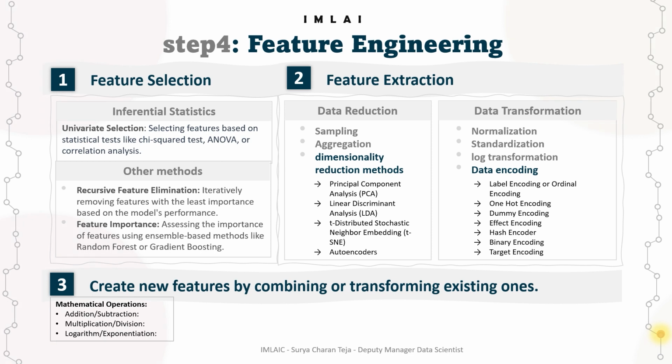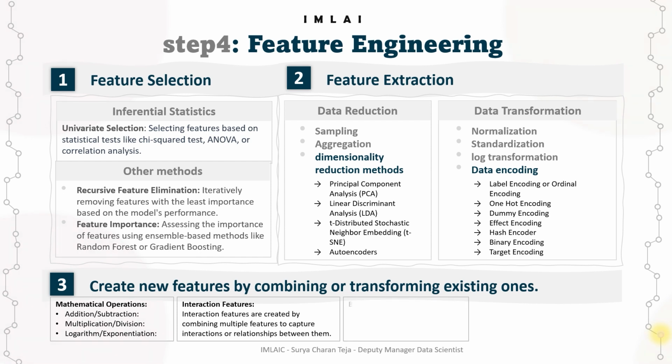The other way is using interaction features. Interaction features are created by combining multiple features to capture interactions or relationships between them. For example, if you have features A and B, you can create a new feature AB by multiplying A and B together. This is called interaction features.